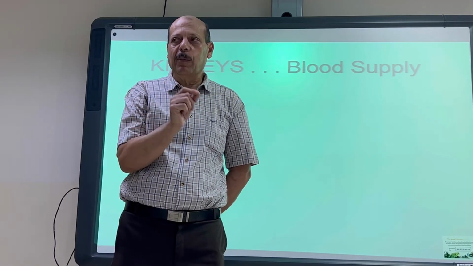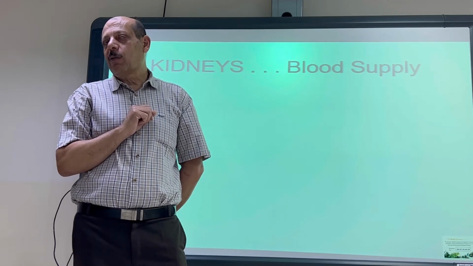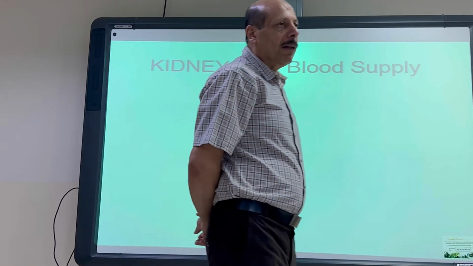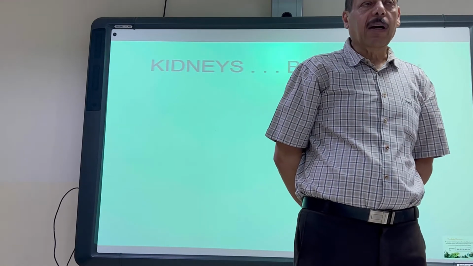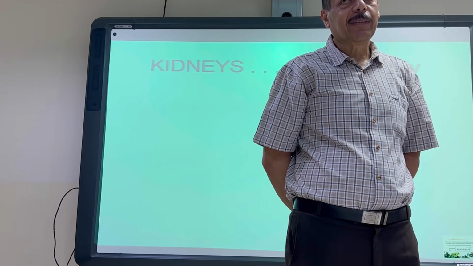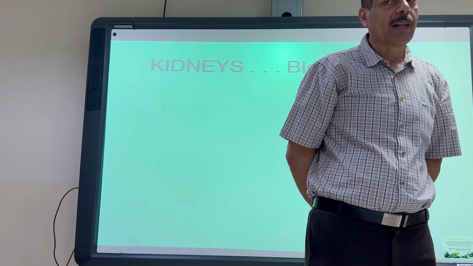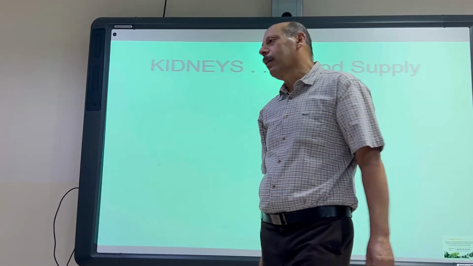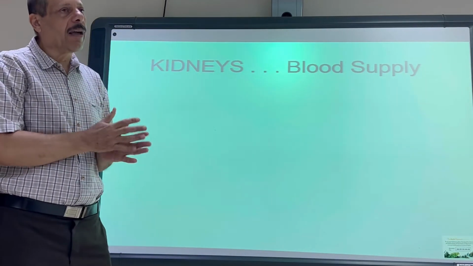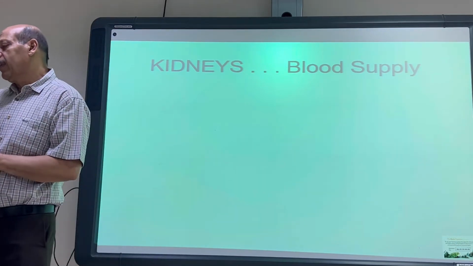So from the abdominal aorta there is the artery which is called the renal artery, which supplies the kidney. Is it one artery or two? Two arteries, one right and one left. The right will supply the right kidney, and the left will supply the left kidney.